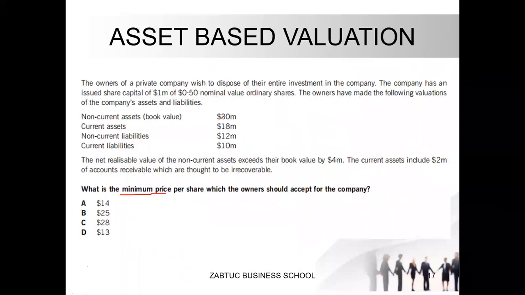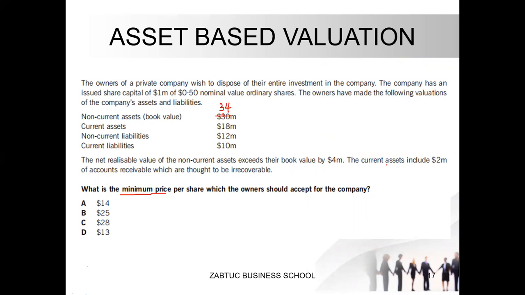Non-current assets is 30. Current asset is 18. Non-current liability is 12, and that is 10. The net realizable value of non-current asset exceeds the book by 4. So what did we say? What do we put here?